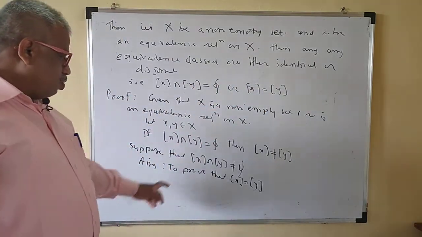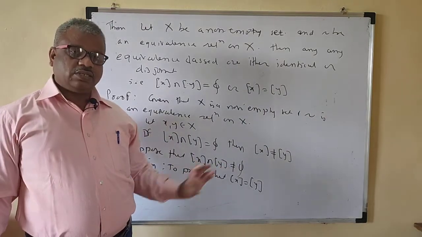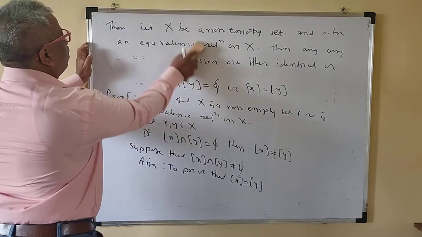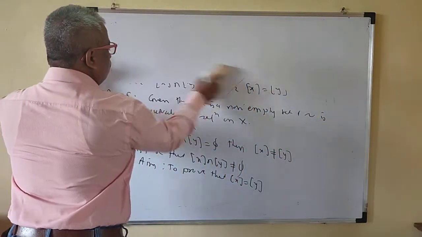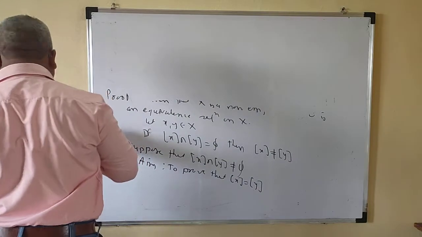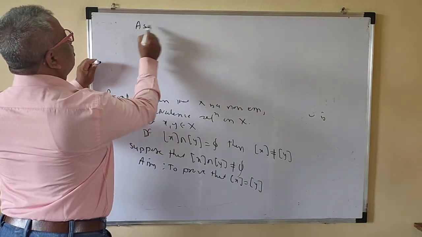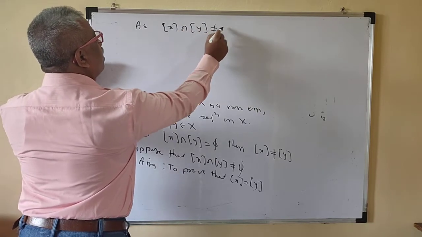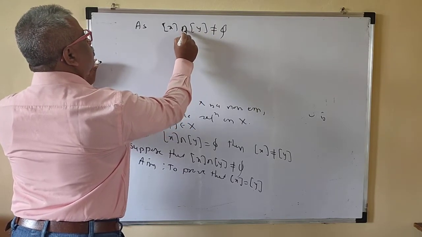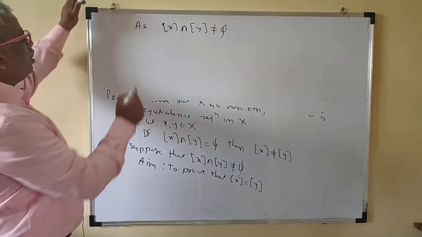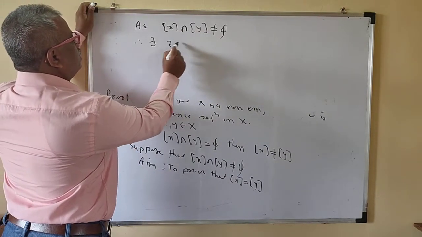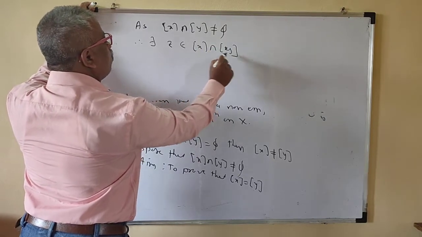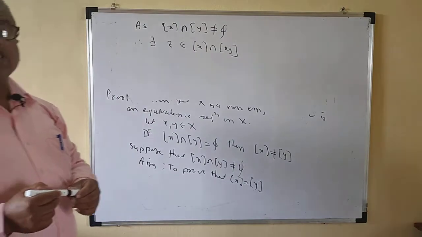So what you have to prove here: your intersection is not empty, you have to prove that the equivalence class of X is the same as the equivalence class of Y. As the equivalence class of X intersection the equivalence class of Y is not empty, it means there exists Z belonging to the equivalence class of X and the equivalence class of Y. It has at least one element.